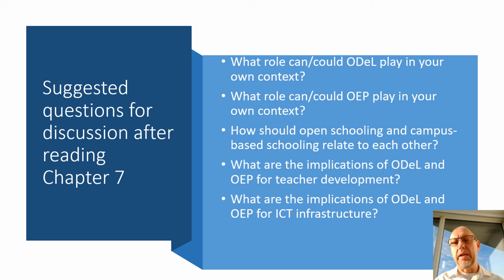How should open schooling and campus-based schooling relate to each other? What are the implications of ODL and OEP for teacher development? And what are the implications of ODL and OEP for ICT infrastructure? Sharing ideas on these key questions can help us to reflect upon our own practices and possibilities.